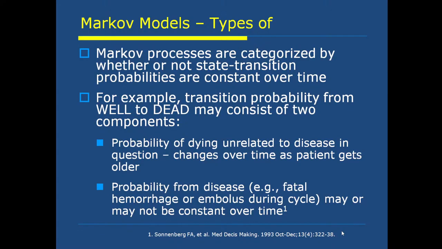For example, the transition probability from well to dead may consist of two components: the probability of dying unrelated to the disease in question, which changes over time as the patient gets older, and second, the probability of fatal hemorrhage or embolus from the disease during a cycle, which may or may not be constant over time.